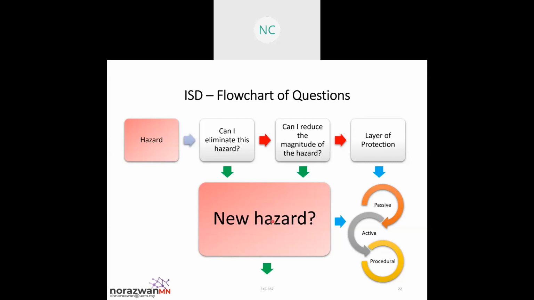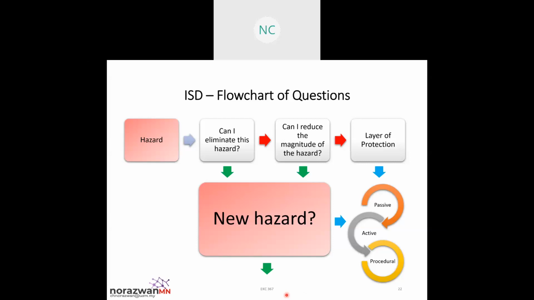So if you can eliminate the first hazard, but the substitute material or chemical introduces a new hazard, then you can apply your passive, active, and procedural. If there is no new hazard, then you can proceed with your design.